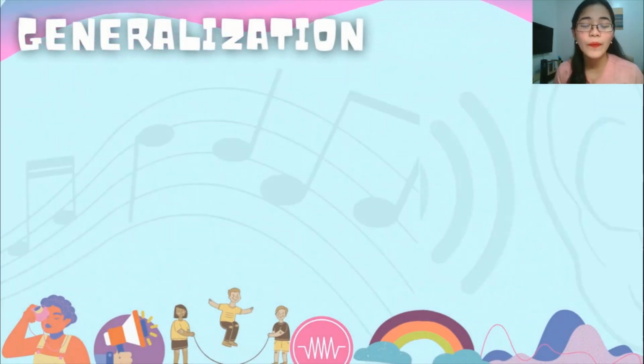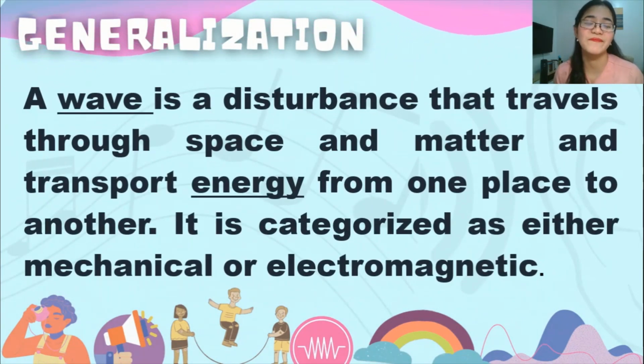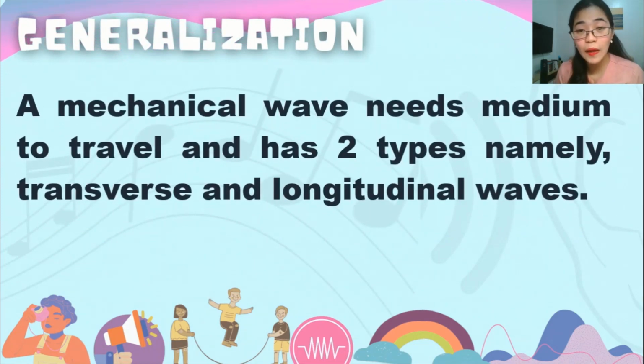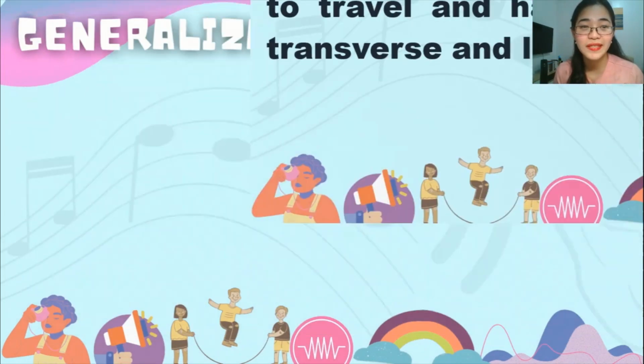Okay, so always remember these concepts. A wave is a disturbance that travels through space and matter and transports energy from one place to another. It is categorized as either mechanical or electromagnetic wave. A mechanical wave needs a medium to travel and has two types, namely transverse and longitudinal waves.